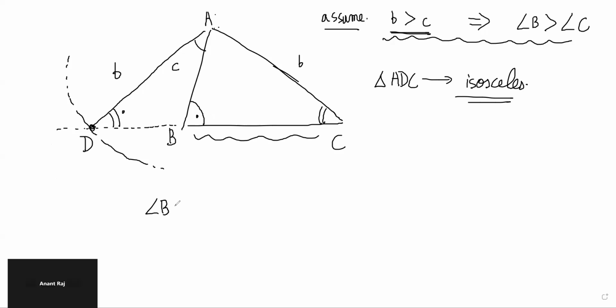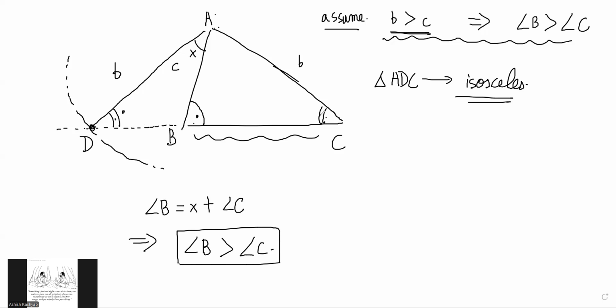So angle B is equal to some angle X plus this angle, which is equal to angle C, which implies that angle B is bigger than angle C. So by construction of an isosceles triangle such that we have side lengths B and B, we can easily say that angle C here is repeated here and this angle B is exterior, which makes it bigger than this. Correct?